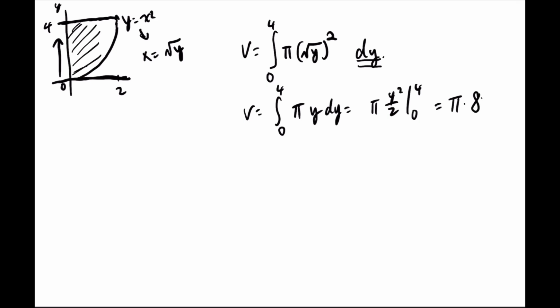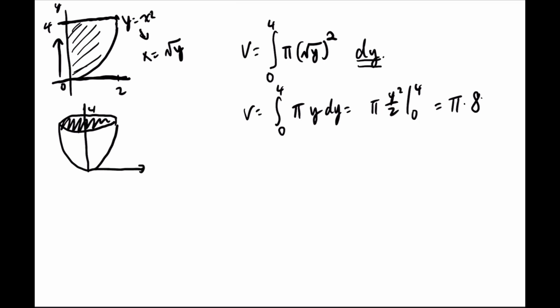So you'd have 8 pi as your answer. And this shape would look a little something like a spinning top. Or maybe, I don't know, just a weird rock shape, I guess. But that would be the overall volume of that shape.